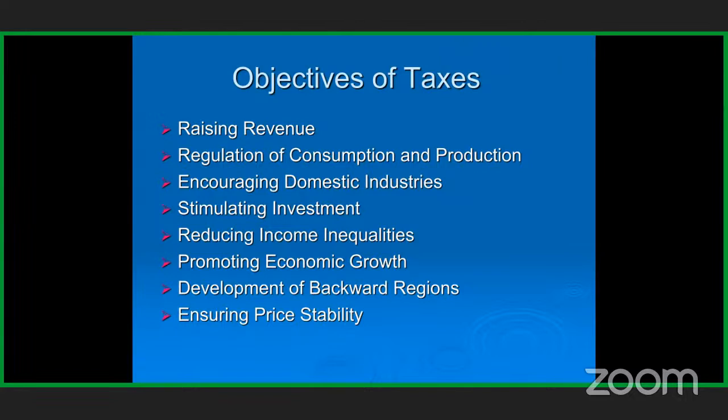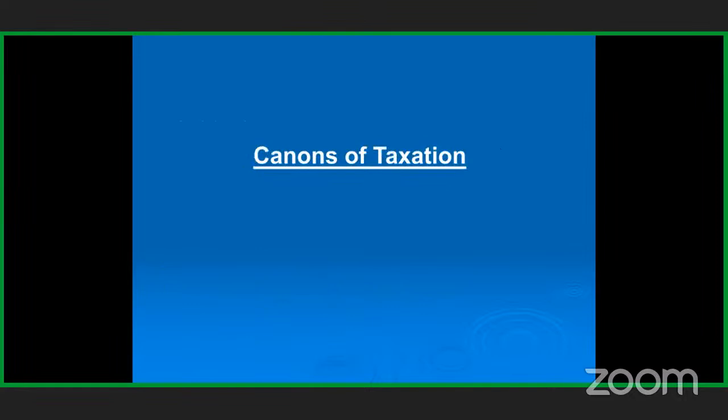So here, to reduce the income inequalities in the economy, the government imposes these taxes. And to promote economic growth, to develop backward regions, and to ensure price stability in the economy. For these purposes, taxes are imposed by the government. These are the objectives of taxes.